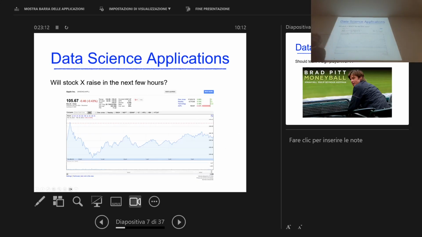What are examples of data science problems? Almost everything is a data science problem. Well, for instance, establishing whether a given stock will rise, and so I should probably buy now, in the next few hours, in the next few days, whatever, that's a data science problem.